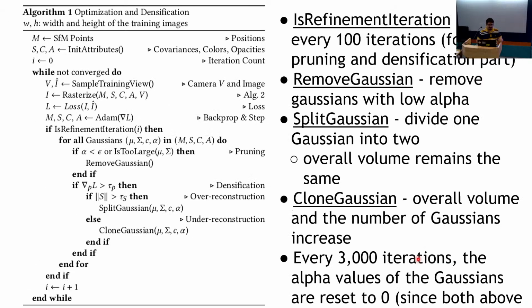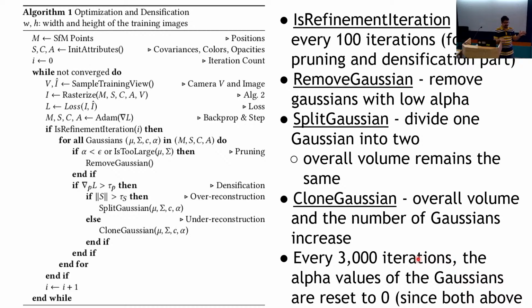Aren't we losing the information by doing so? No, because the next densification step will happen after every 500 iterations, right? Until then, for those 500 iterations, that volume is fixed, so you will be learning the alpha values again. It will automatically get restored. The concept here is that by chance, if there is some false positive, some Gaussian which has come here which was not required, you can actually remove it through this kind of heuristical approach.